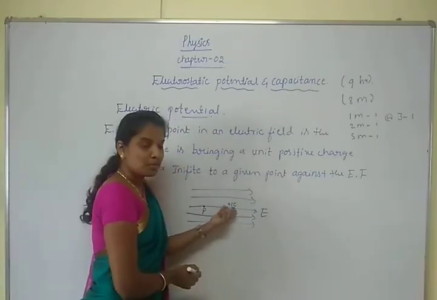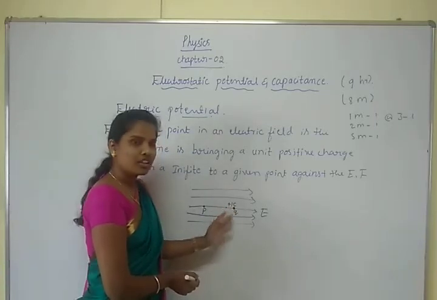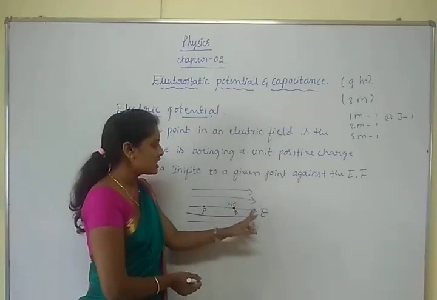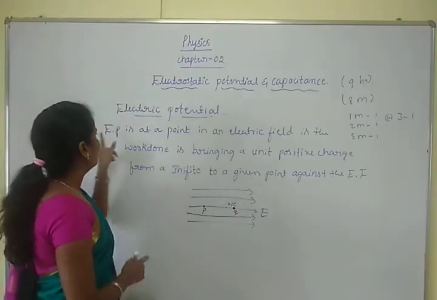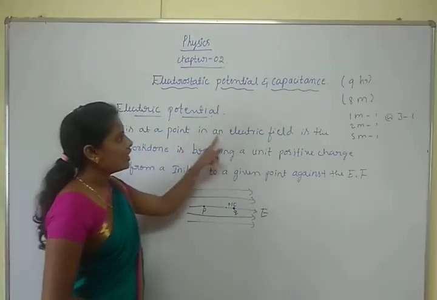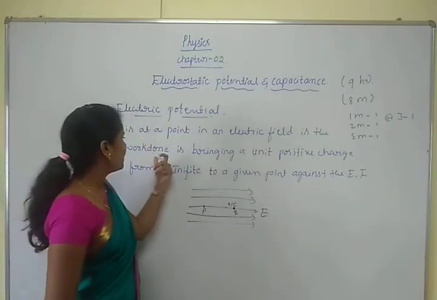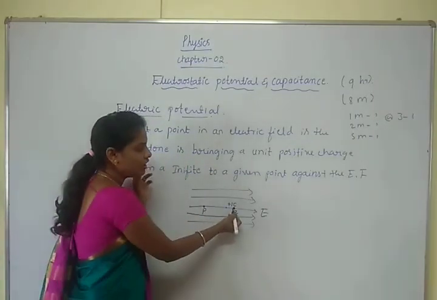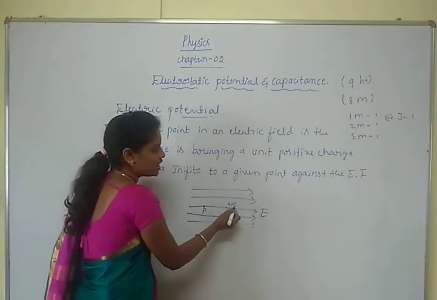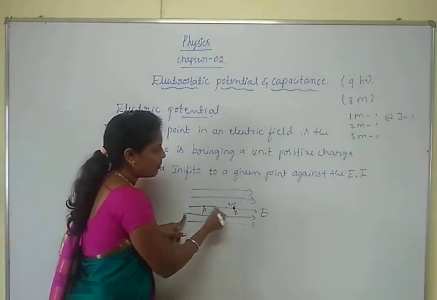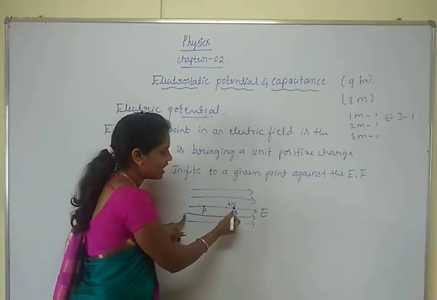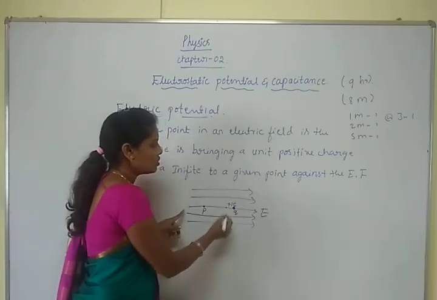The product of displacement and force is called work done. Here, electric potential at a point in an electric field is the work done in bringing a unit positive charge. This unit positive charge is moved towards the point, then only we can say that work is done.